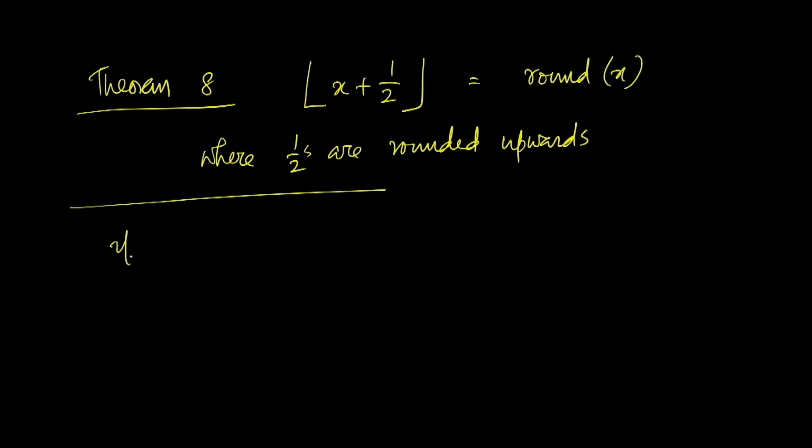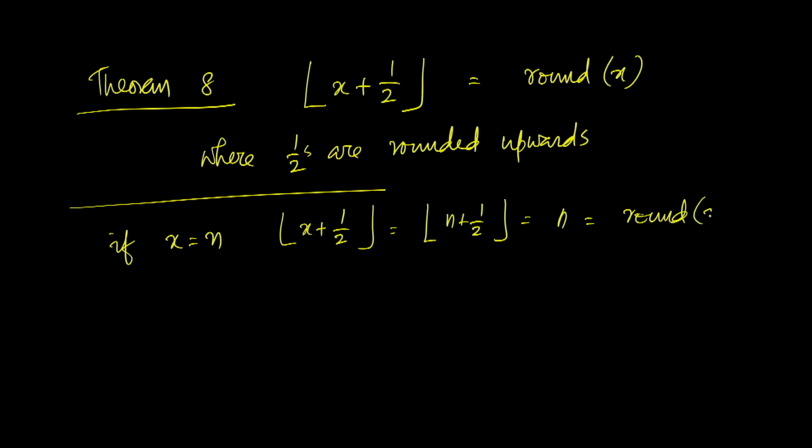To prove this, first consider x equal to n, there is no fractional part. Then floor of x plus half is the floor of n plus half, which is n. But this is the same as round of n. Since x is an integer, round of x is the same as round of n.